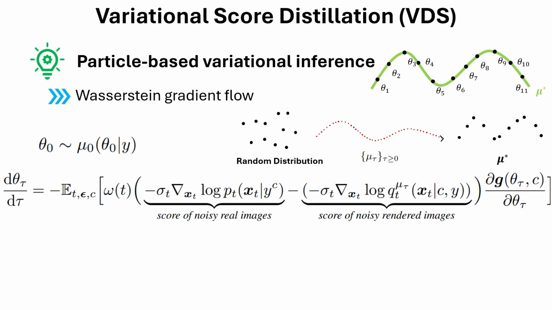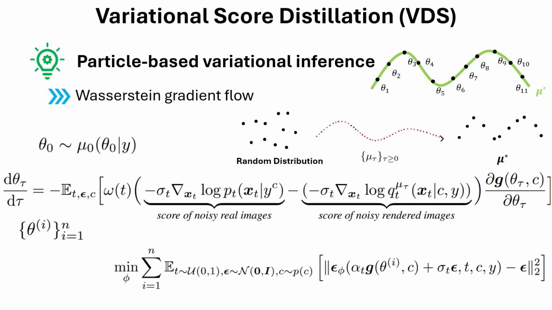To do so, we use n theta parameters from n different NeRF models, which is 4 in this work, to render n different objects. Our goal is to make these n theta parameters better and better in each time step tau that we have in Wasserstein gradient flow. But before that, we need a helper generative model Q that has to be trained each time before this optimization, and that generative model can be optimized this way.